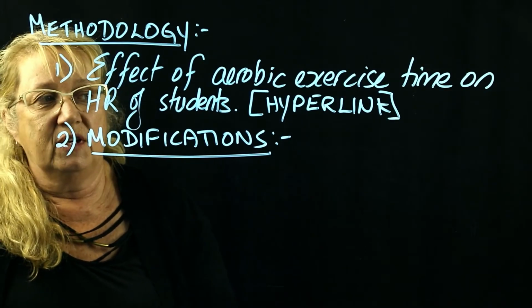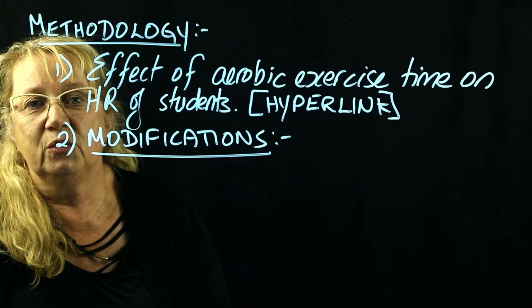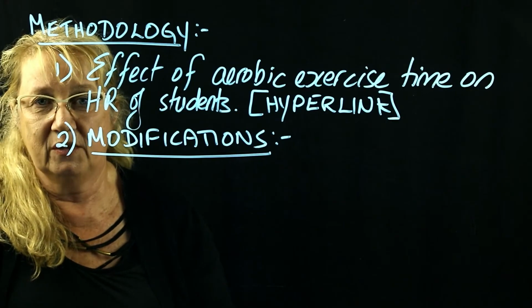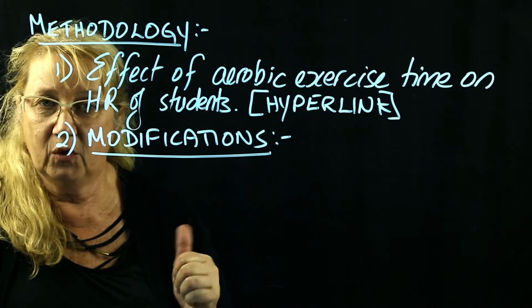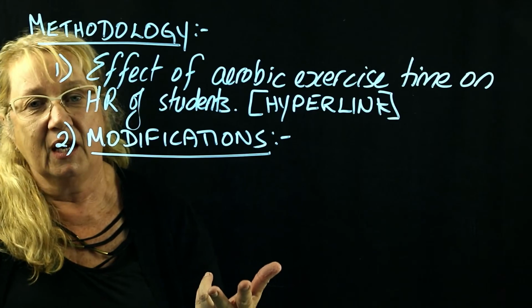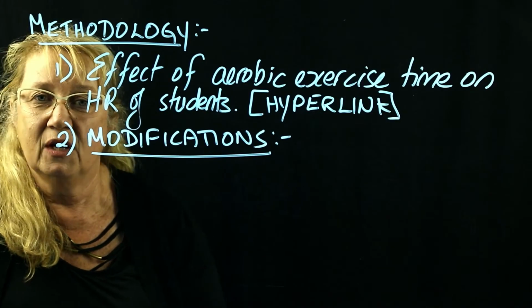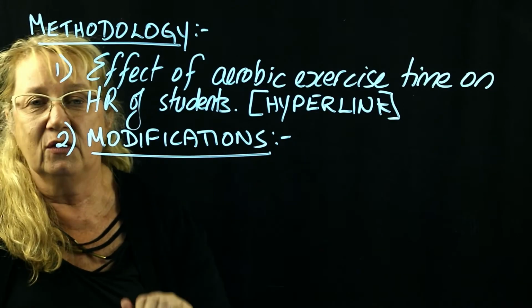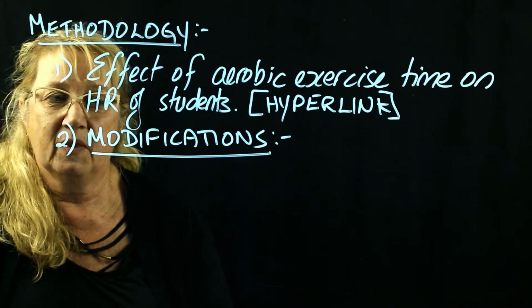In the previous videos, I encouraged you to look at 3 different ways to modify your methodology. They were redirection, refinement, and extension. If you haven't seen the previous videos, I do recommend that you take a look at them so that you fully understand the context of this video.